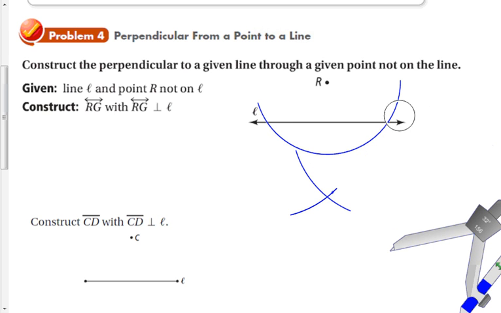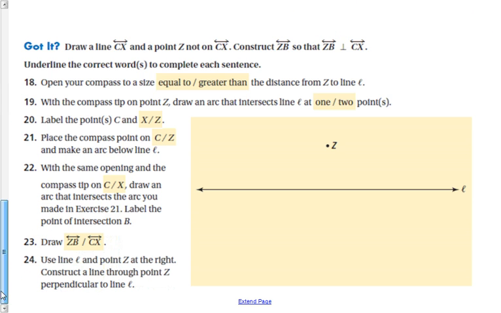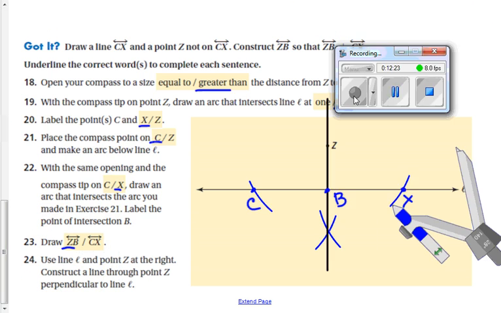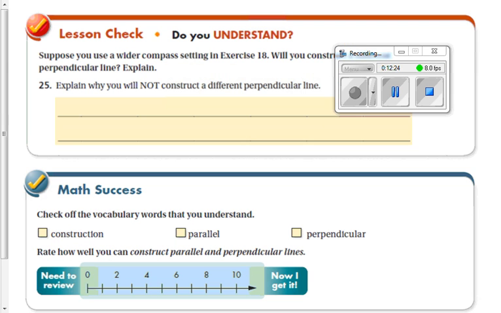We have assured that it's on the line that's perpendicular, so I can just draw a line now through R and through that other point, and it is guaranteed to be perpendicular. So G is right there. All right, we can try that. All right, go ahead and do the lesson check, and I'll see you next day in class.